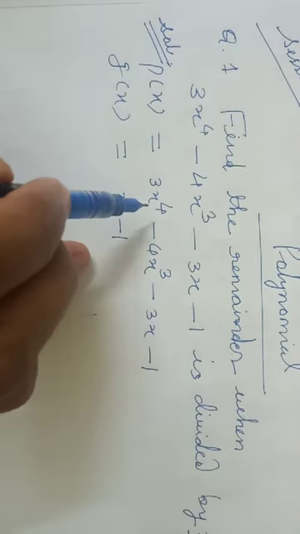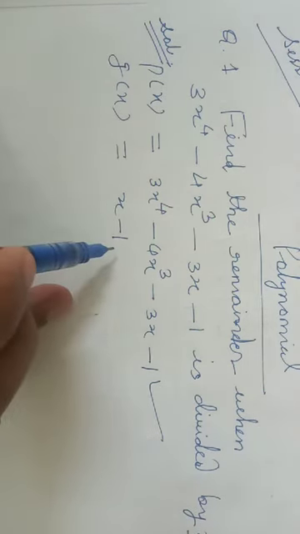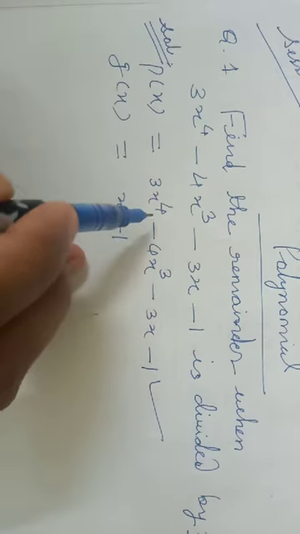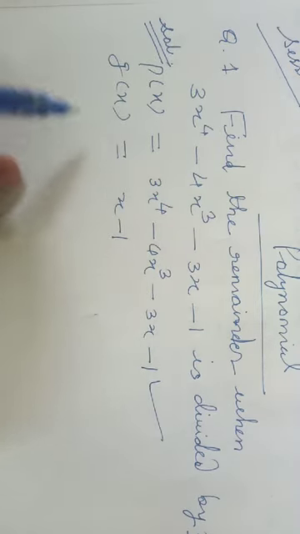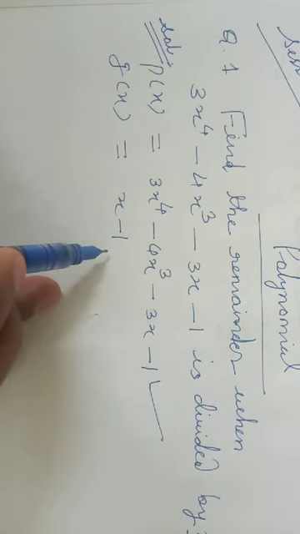This is the biquadratic polynomial and this is the linear polynomial. Why biquadratic polynomial? The degree is 4, so it is a biquadratic polynomial. And g of x, the divisor polynomial, is x minus 1, which means a linear polynomial.